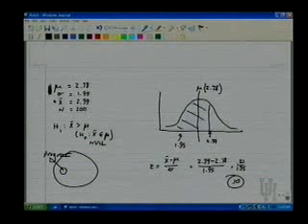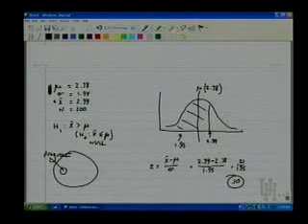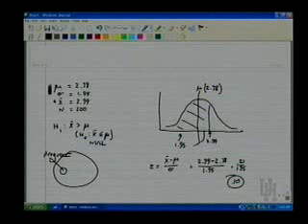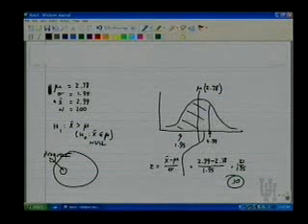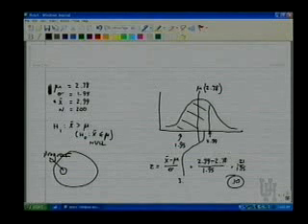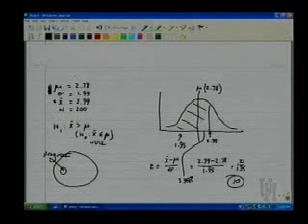And it would indicate to us that 3.98% of all scores was between the mean and z. That is, in this area here is 3.98% of all scores.